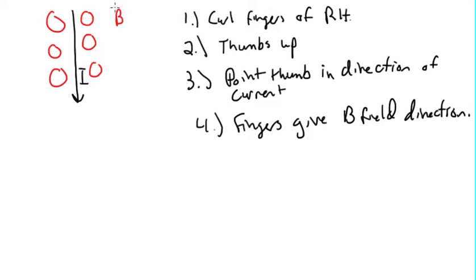So this is a B field. On this side, the B field is coming out of the screen at you, so that gets a dot, like an arrow coming at you. And then on this side, the B field is into the screen, so it gets an X.